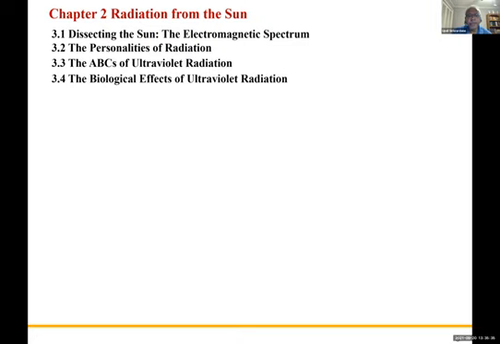So the biological effect of radiation is that it causes skin damage, skin burn, and cancer is also a possibility if you are exposed to ultraviolet radiation. We're going to talk about them.